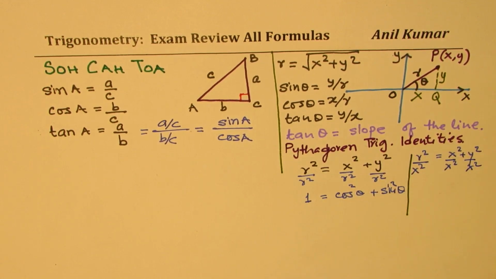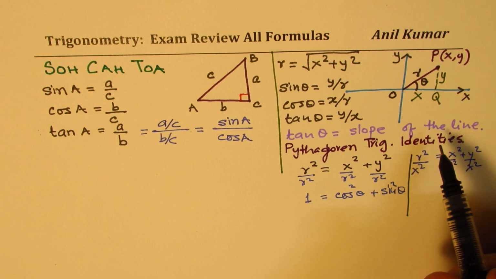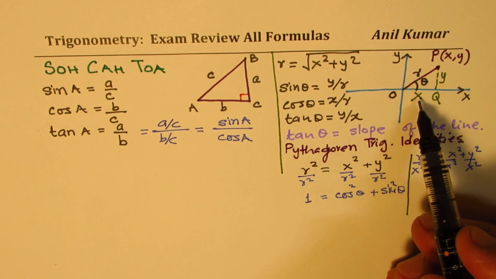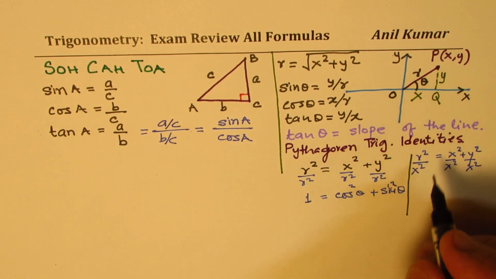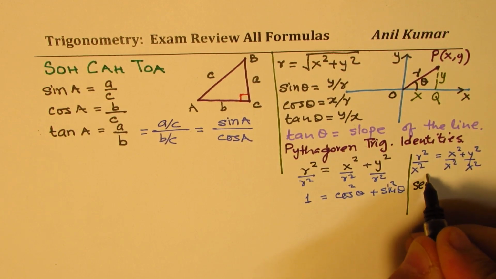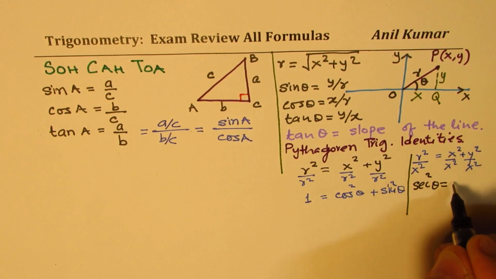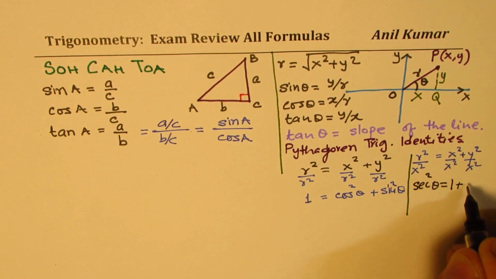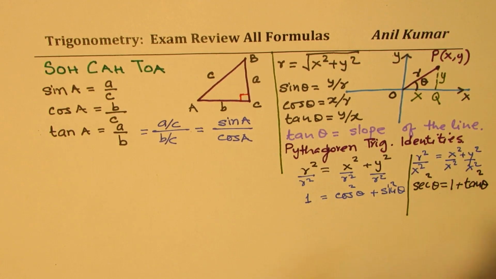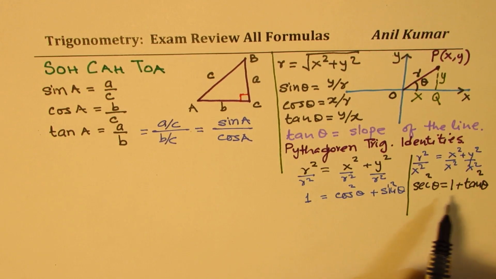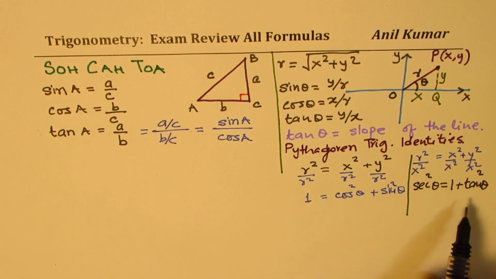In that case, what do we get? r over x is the reciprocal of cos, which is secant, right? So we get secant square theta equals x over x is 1, y over x is tan, so we get 1 plus tan square theta. So you see, the Pythagorean trigonometric identities could be written like this.